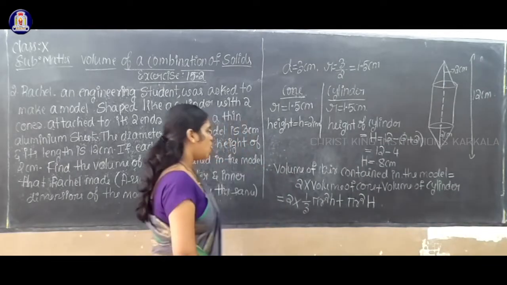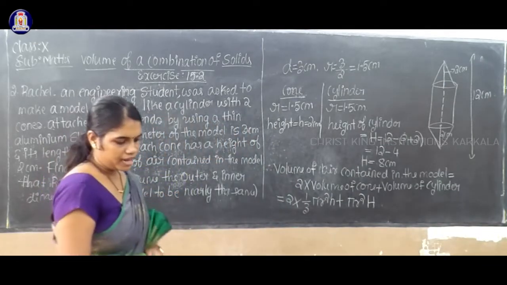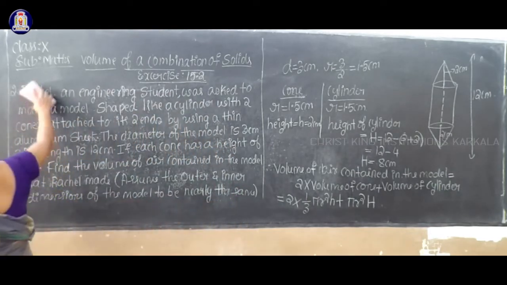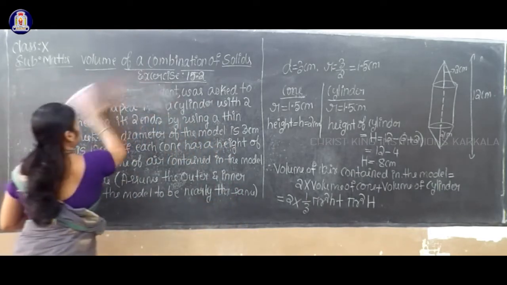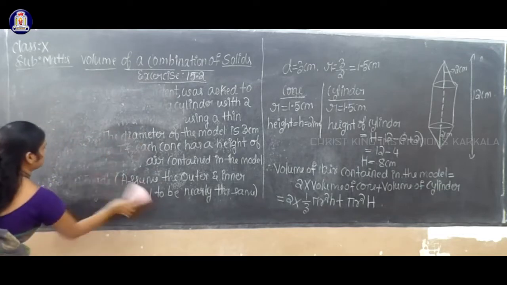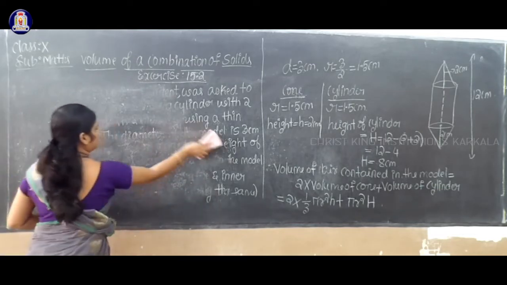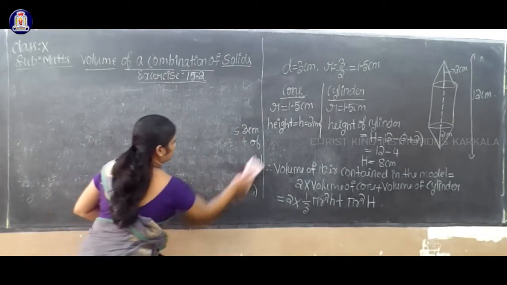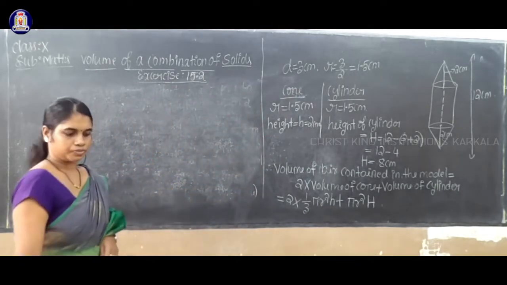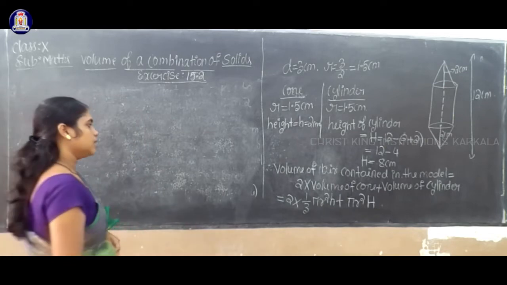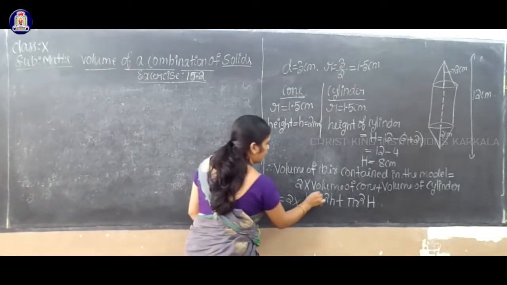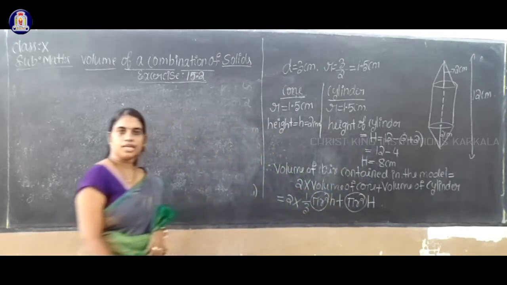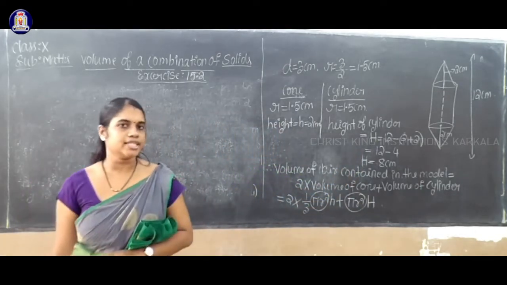Okay, so now to simplify this, first of all I take pi r square as a common term, isn't it? Can I take pi r square as a common term?